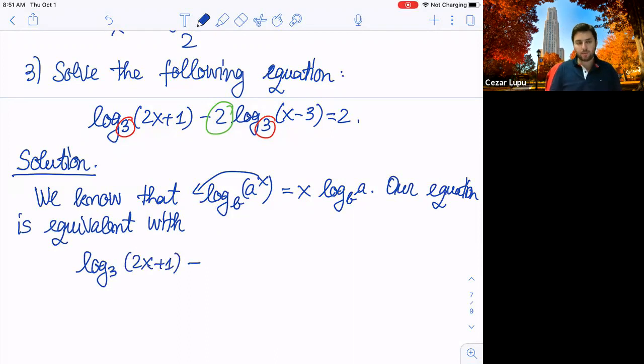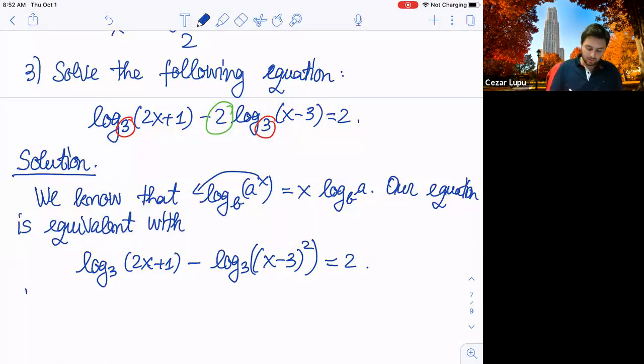And now we apply this rule. So this will be minus log in base 3 of (x minus 3) squared, equals 2. And now we can apply the quotient rule for the logarithms.